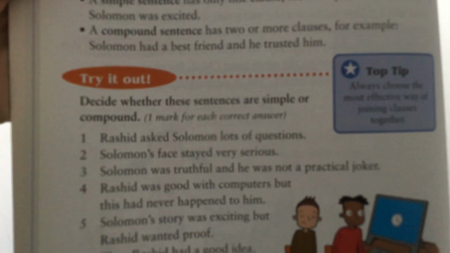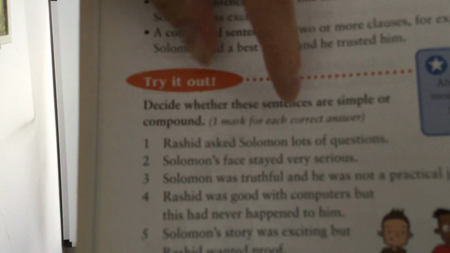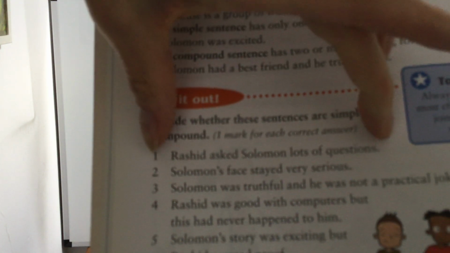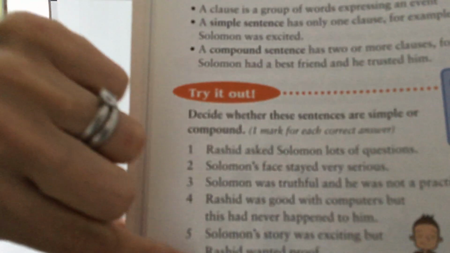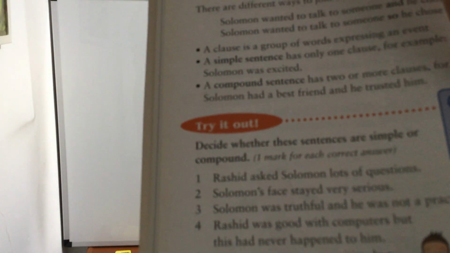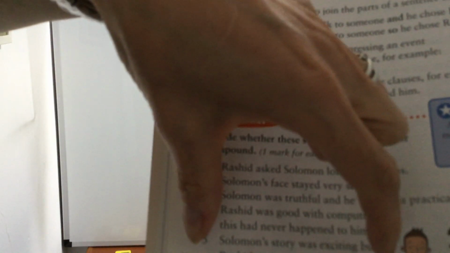Do they have one idea in them or do they have 2 ideas or more? Rashid asks Solomon lots of questions. Is that 1 or 2 ideas? It's 1. Okay, number 6. Then Rashid had a good idea. Is this a simple sentence or is it a compound? Is there 1 idea here?